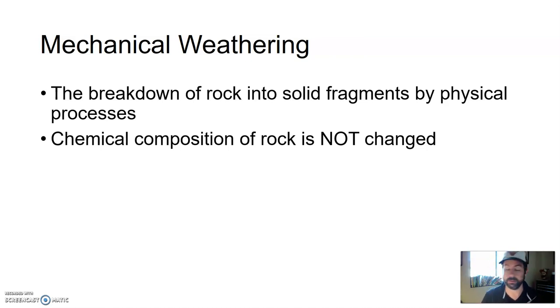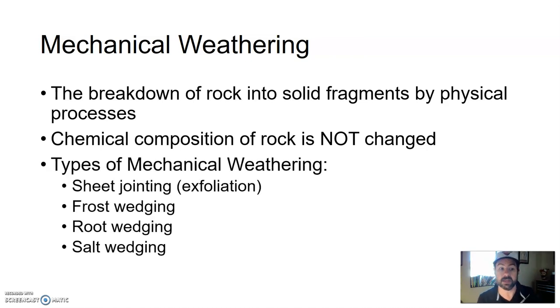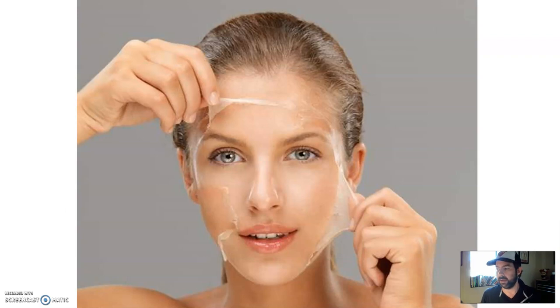That's mechanical weathering. As this naturally occurs, there are four main types of mechanical weathering: sheet jointing, also known as exfoliation, frost wedging, root wedging, and salt wedging. We'll go through each of these. If you know what this person is doing, then you know what the term might allude to.